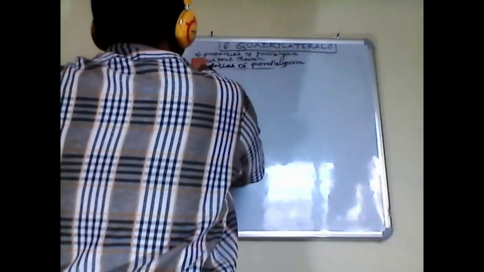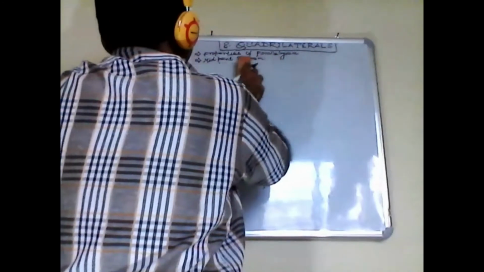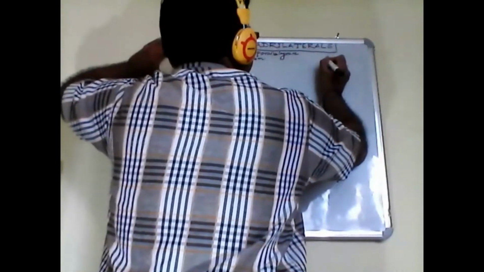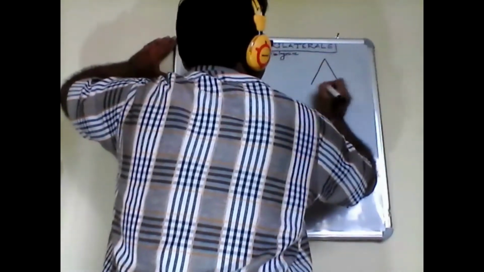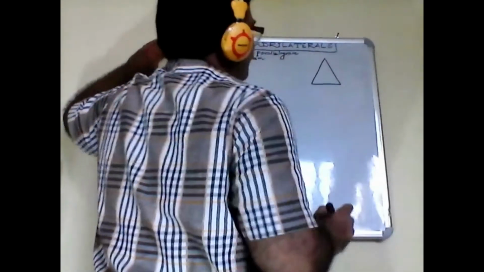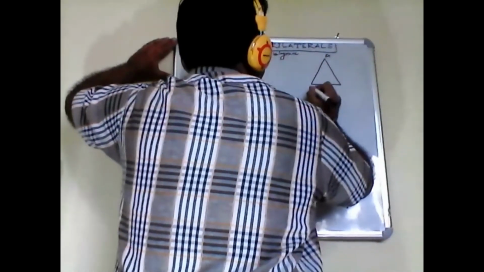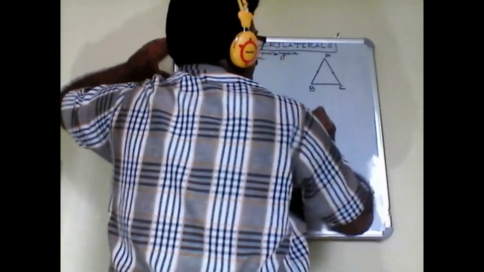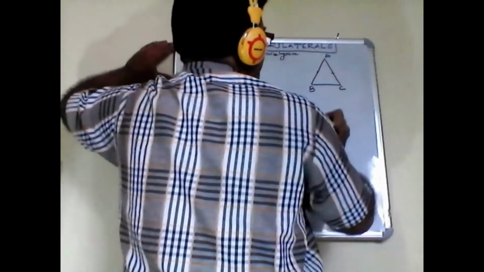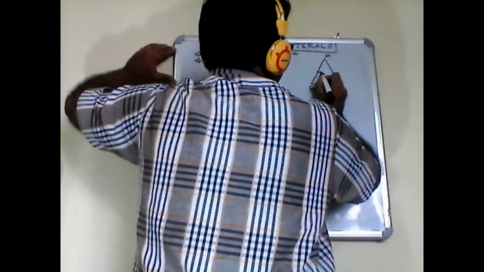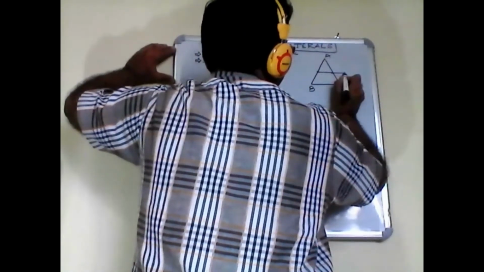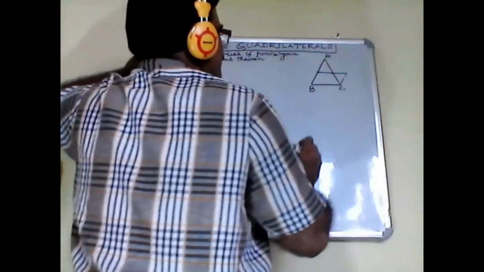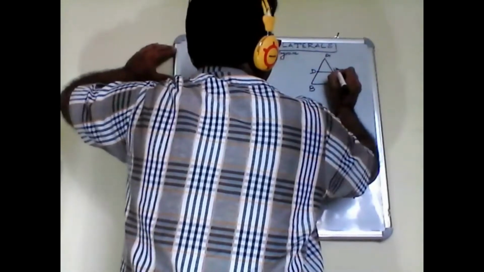You can take any triangle, this is triangle ABC, and if the midpoints of two sides are joined, then it is half of the third side and parallel to the third side. This is the theorem. This is D, E and F.